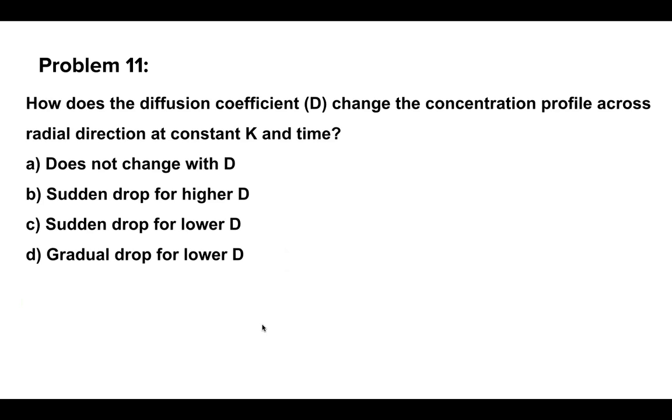How does a diffusion coefficient change the concentration profile across the radial direction at a constant k with time?